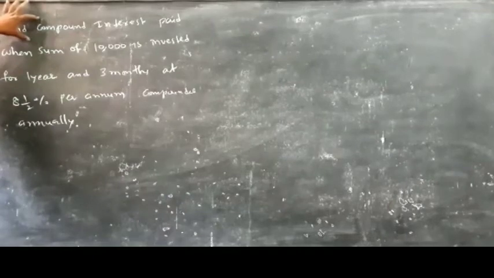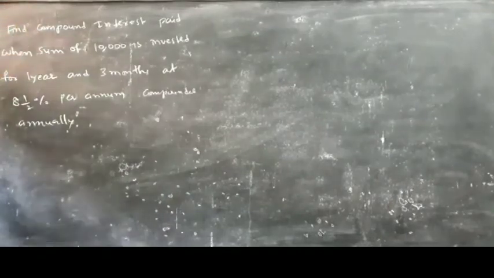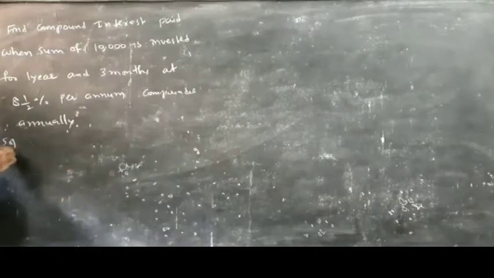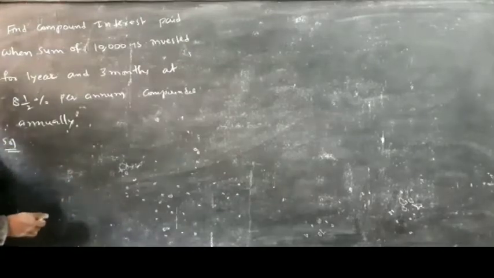See here, find the compound interest. This is nothing but 5.3 7th problem. Find the compound interest paid when sum of 10,000 is invested for 1 year and 3 months at 8.5% per annum compounded annually. Here solution. How much amount invested? 10,000 rupees.